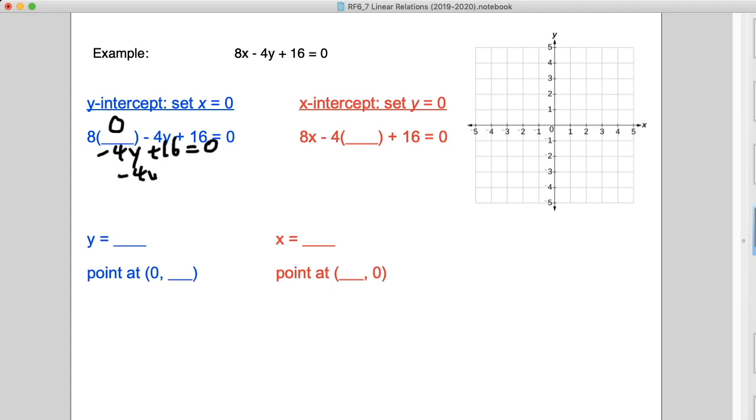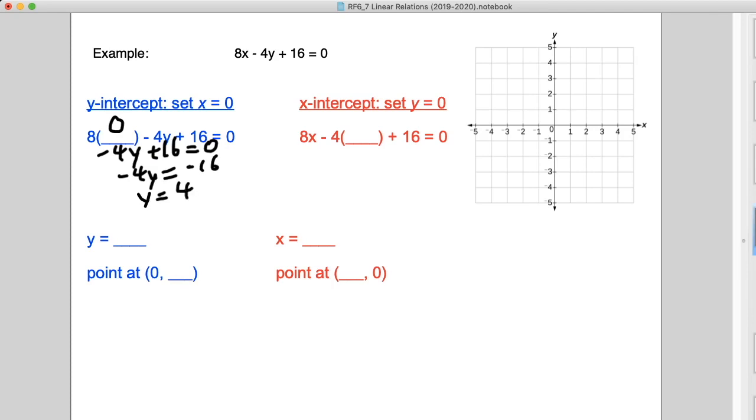Negative 4y is equal to negative 16 because I'm subtracting 16 from both the left and the right hand side. Then I divide both sides by negative 4. When I divide this side by negative 4, I end up with a y. On the right hand side, when I divide negative 16 by negative 4, I end up with a positive 4.